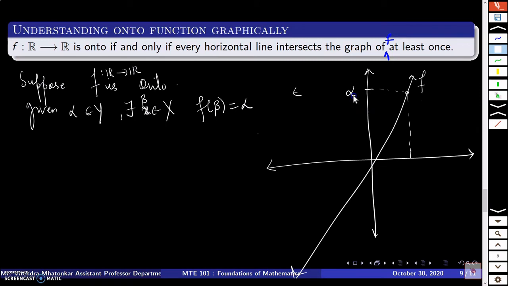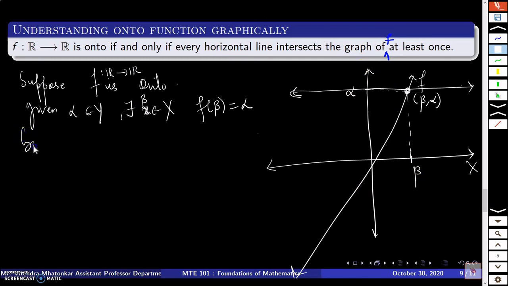So alpha is on the y-axis here, and corresponding to this alpha, I will be able to find a beta on the x-axis in the set X such that f of beta is equal to alpha. So the point beta comma alpha is there on the graph of the function. That means if I look at the line now, y equal to this point alpha, it will touch the graph at at least one point. Then only you will get a corresponding point on the set X, right, which is mapped to this point on the set Y.